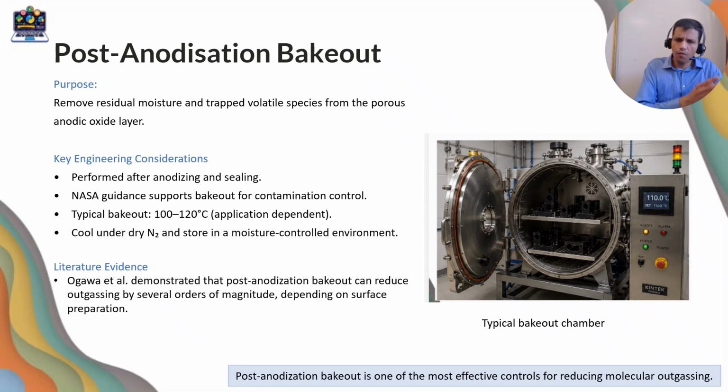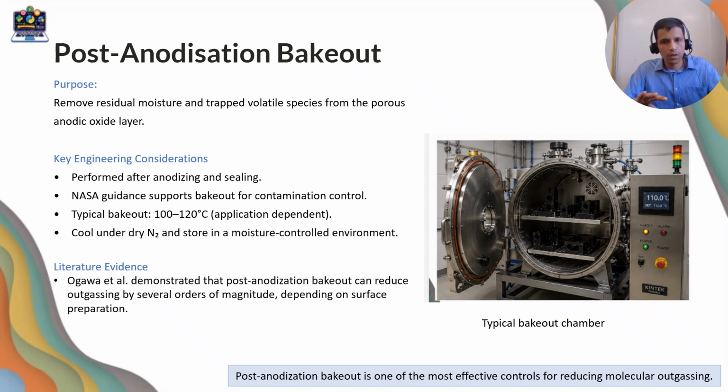After sealing, due to transport, handling, or the anodization process itself, there is a chance the part surface has moisture and volatile species. This bakeout step helps remove the moisture and volatile species from the surface.